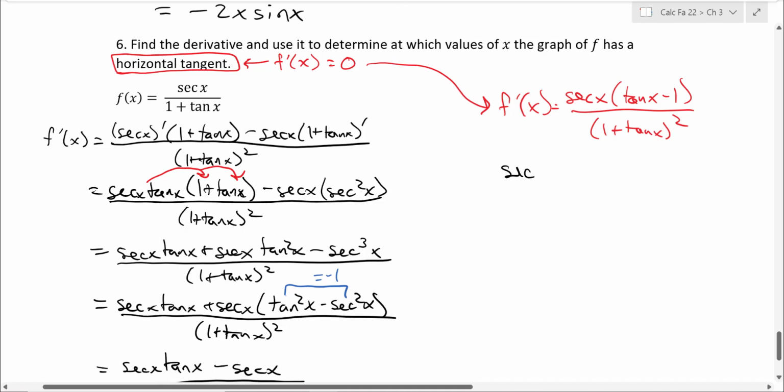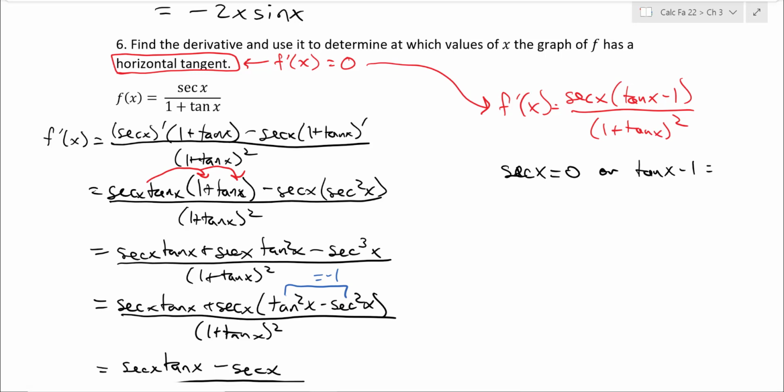So we've got secant x equals 0, or tan x minus 1 equals 0. And secant x can't equal 0. 0 is not in the range of secant. So really we're left with when tangent of x is equal to 1.